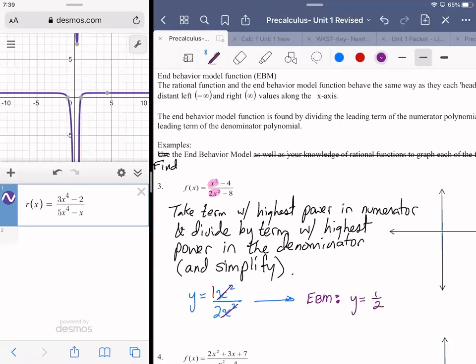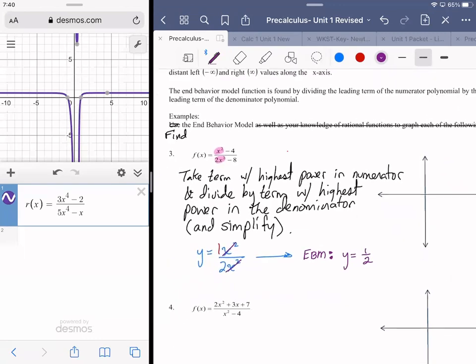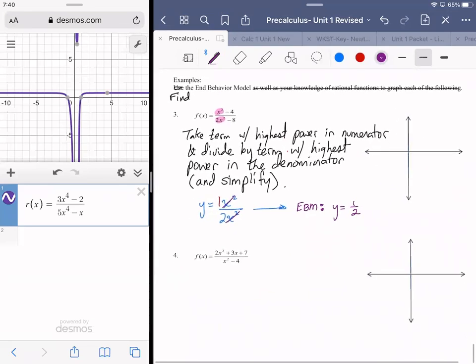All right. Oftentimes, an end behavior model is the same as a horizontal asymptote. Not always. So we don't want to fall in love with this idea in place of a horizontal asymptote, but very often it is the same. So in the next one, we would say y equals 2x squared over x squared, the term with the highest power top and bottom.